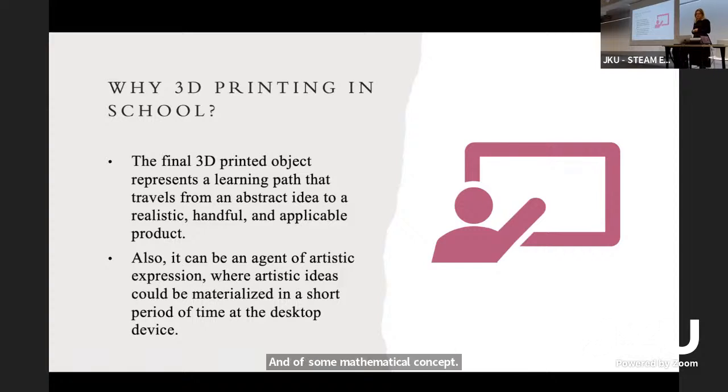We can also connect those activities with art and artistic expressions, so it is even more interesting, and it can also attract students who are not that much involved in mathematics.